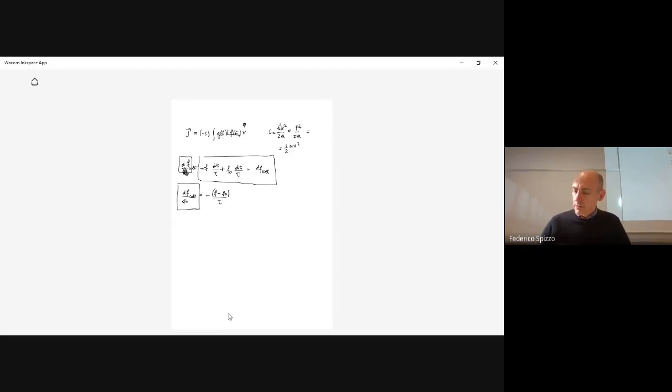At this point, the idea is to try to express this time variation, df with respect to dt. What is the meaning of df over dt?